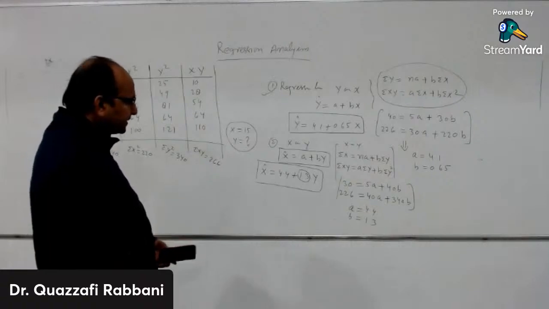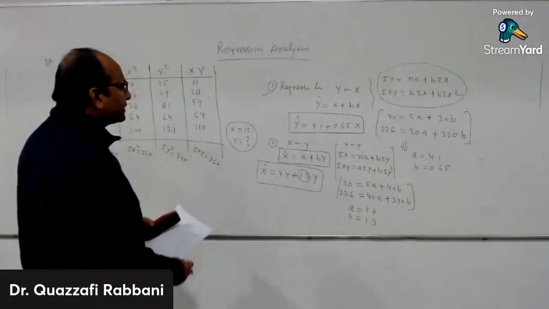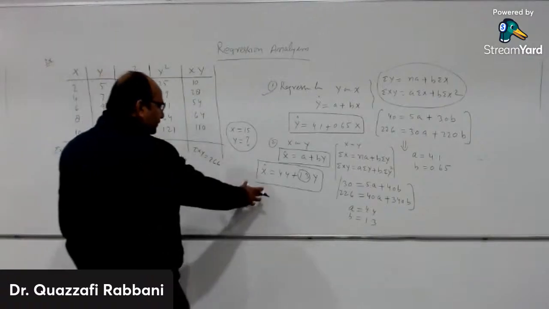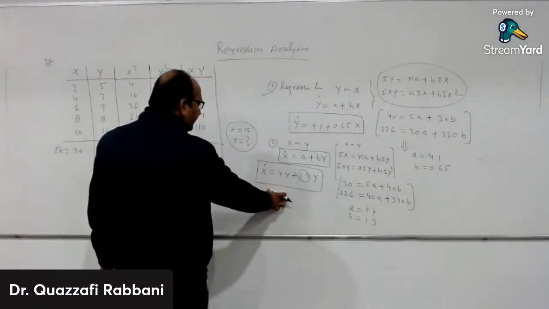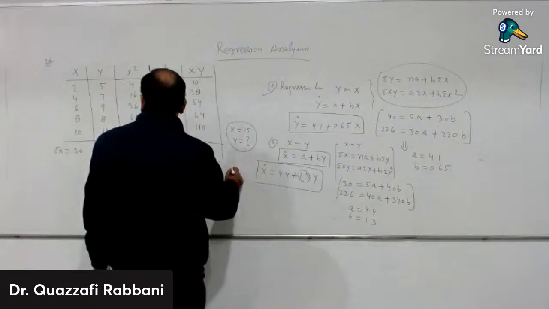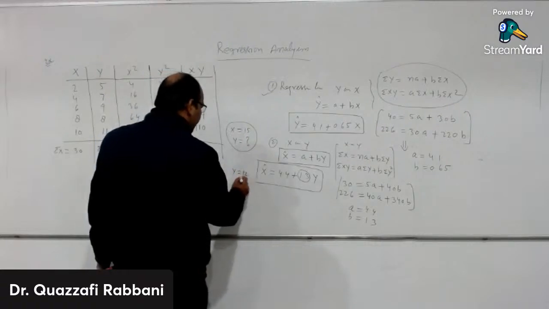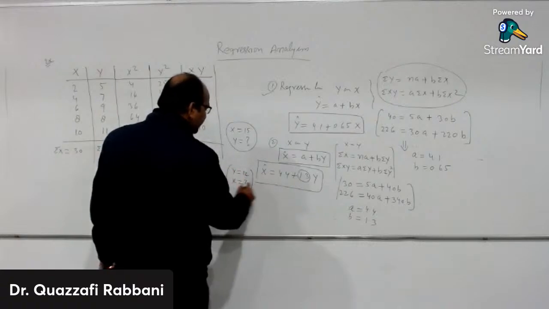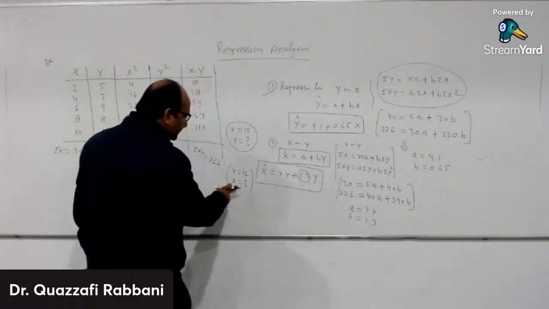So this is the case for regression line y on x and x on y. And in that case, you can also estimate values. Suppose y is 12, then you will get the value of x by using this equation, because here x depends on y.